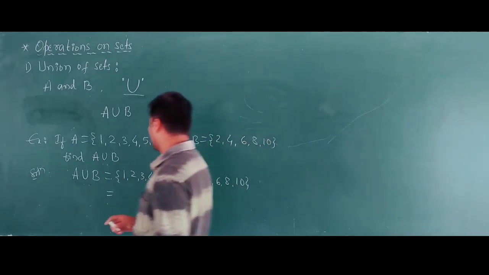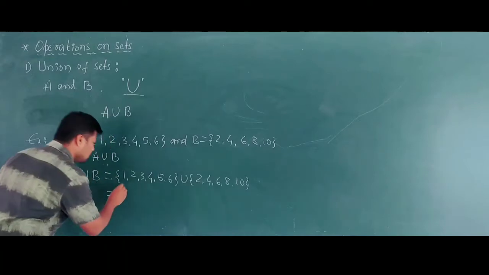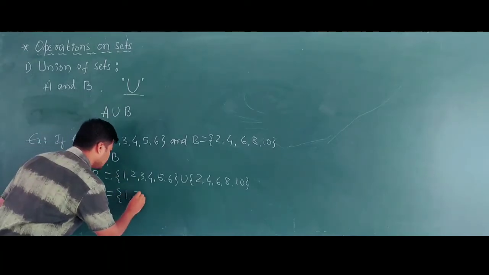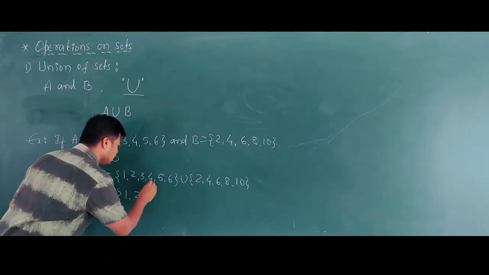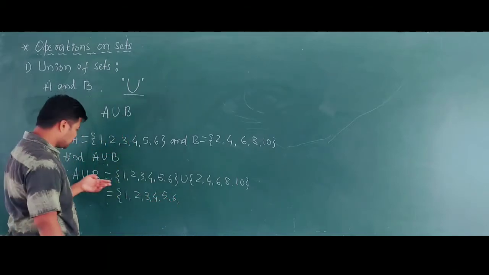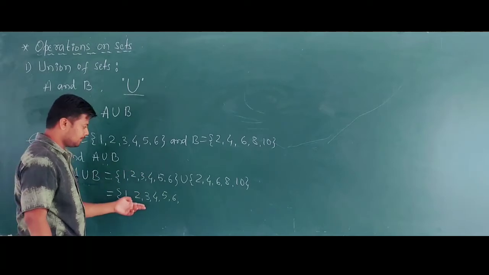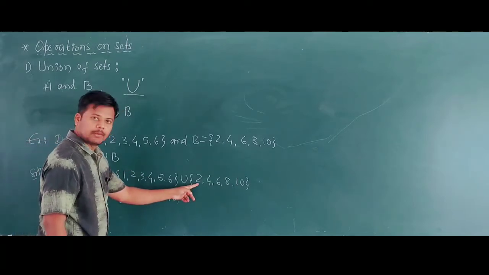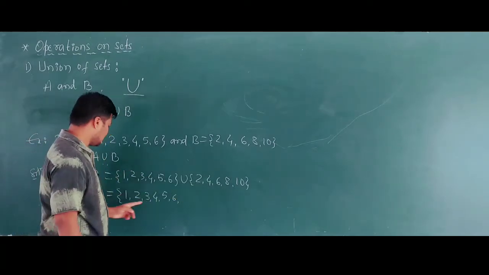Okay. Write down 1, 2, 3, 4, 5 and 6. So all the elements of set A. Next 2 is already written.